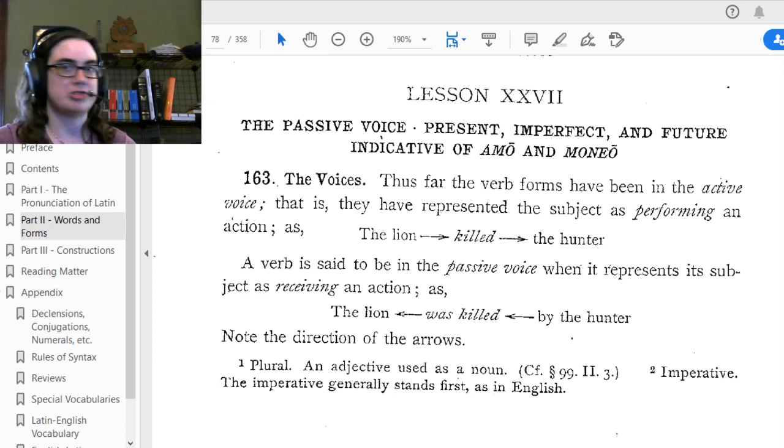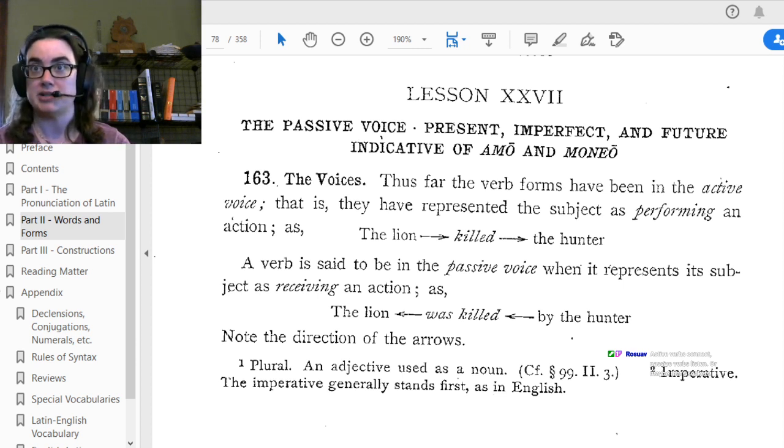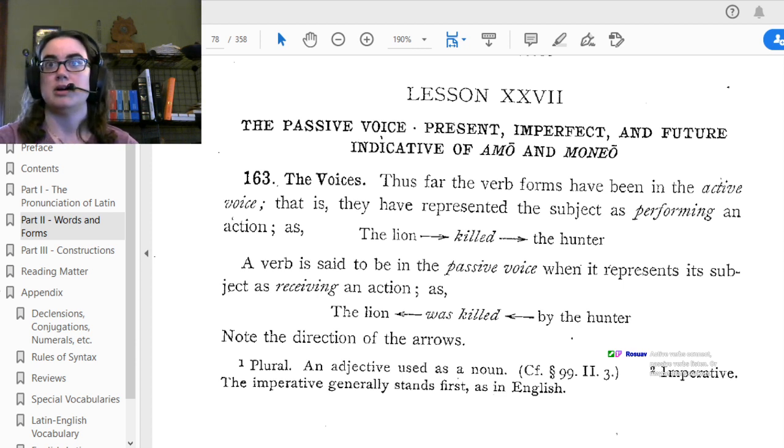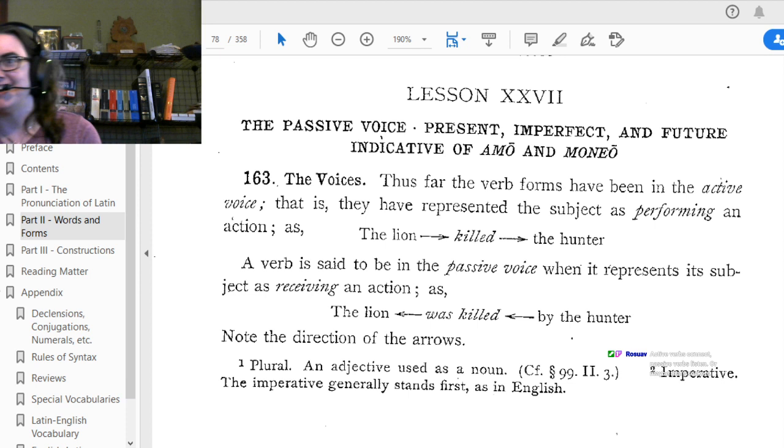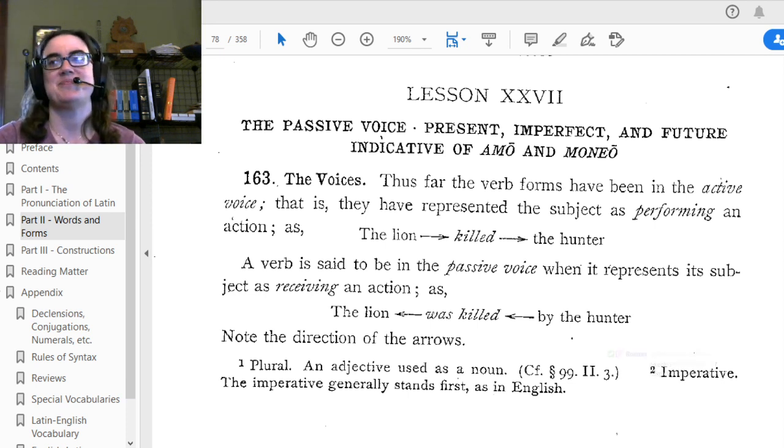So if we use Fudge and the ball for the example, Fudge is hitting the ball, active. But it's a similar idea. So Fudge is hitting the ball, active, right?